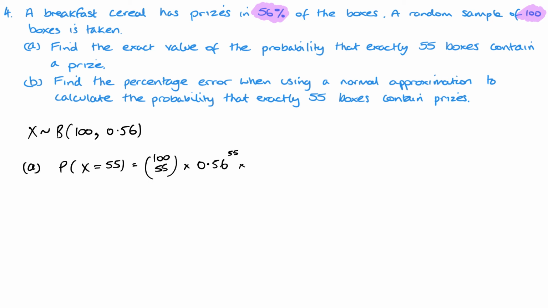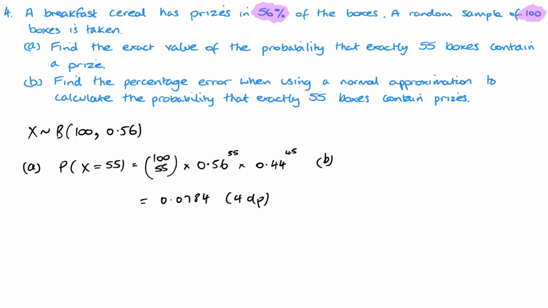And then 1 minus P, so 0.44, and that will be the remaining value that totals 100, so that should be to the power 45. And then pop that into my calculator, and I get 0.0784. This is to 4 decimal places. You could also do this to 3 significant figures, which is the kind of gold standard for these questions.